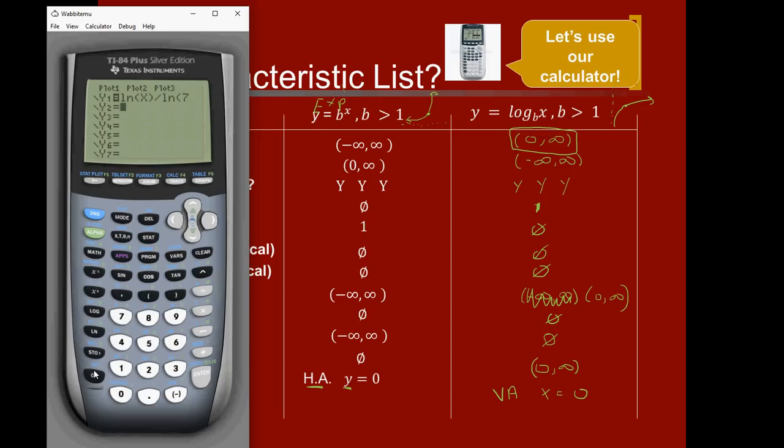So this is one place where changing your base is very convenient. I changed from base 7 to base E, but that means I get the same graph. You can change to base 10 if you like.